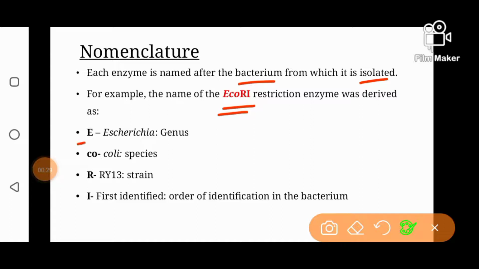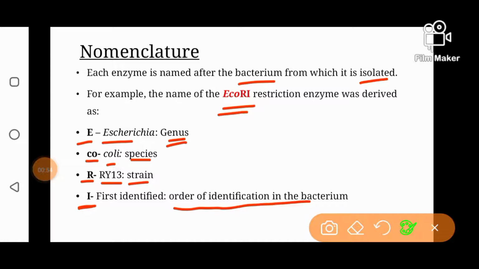The letter E came from Escherichia, which is the genus name of the bacterium. The second and third letters CO came from coli, which is the specific name. R came from RY13, which is a specific strain of E. coli. And this Roman numeral I indicates the order of identification in that specific bacterial strain.